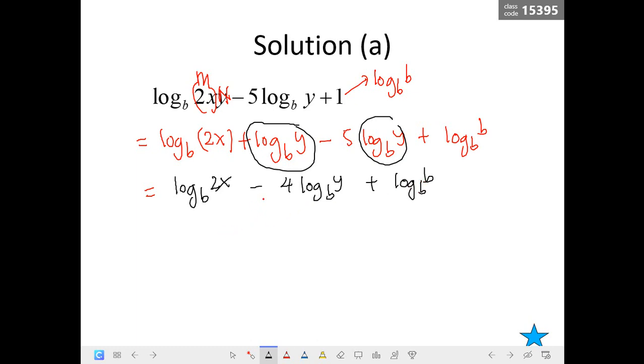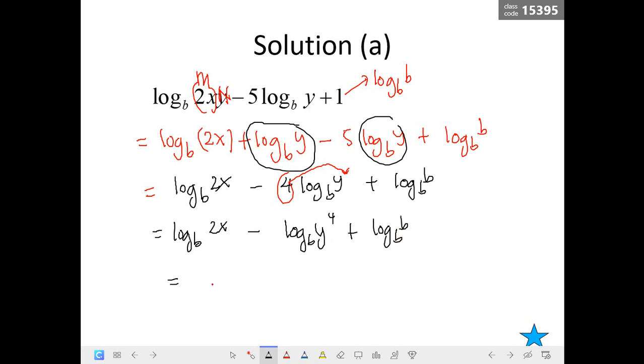For the next step, you have to bring 4 up to the power. Use the third law. So log 2x base b minus log y to the power of 4 base b plus log b base b.